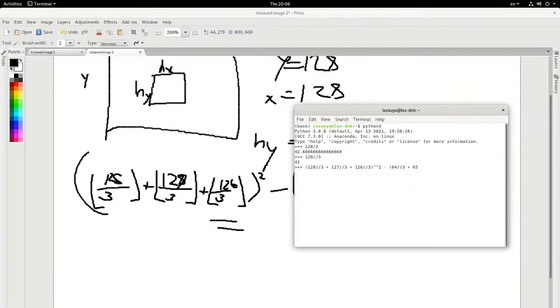I'm sure I am actually missing something here, but as long as it's in the ballpark, I'll be satisfied. 63 over 3 plus 62 over 3.